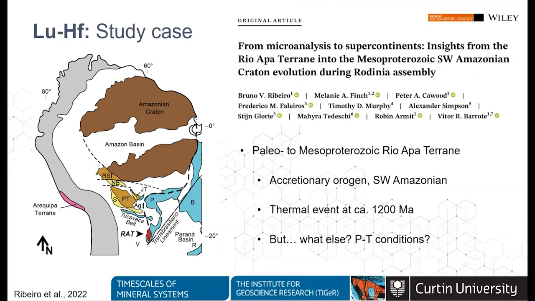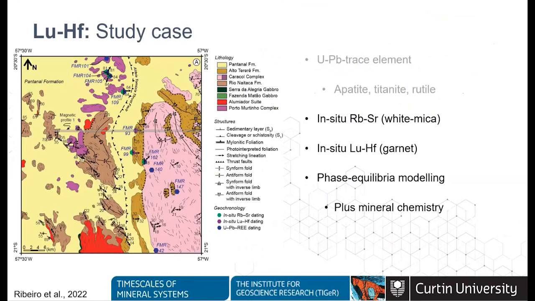This terrane is part of the cratonic system developed in the southwestern Amazon during the Paleo-Mesoproterozoic. The only thermal event that we knew at that time is the 1.2 billion years event that was recorded in potassium-argon and argon ages. But what else? Something needs to have happened between 2 billion years and 1.2 billion years, and I thought we were missing something. Here is a detail of the map I was looking at.